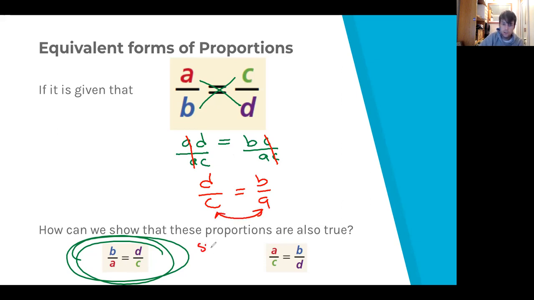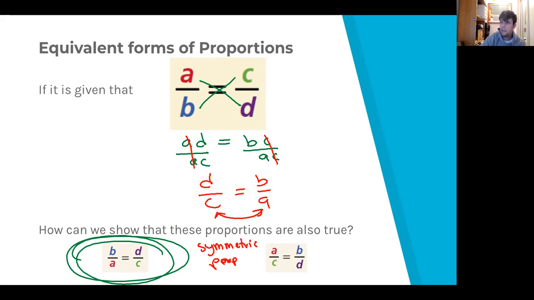That is called the symmetric property of equality. The symmetric property of equality allows us to say that if a equals b, then b equals a. So we can simply switch what's on each side. So we take this fraction, put it over there, put this over there. Pretty easy to demonstrate that just from our basic cross products.